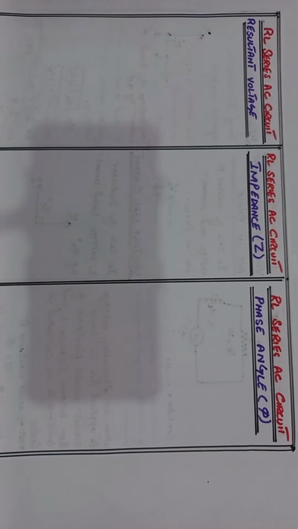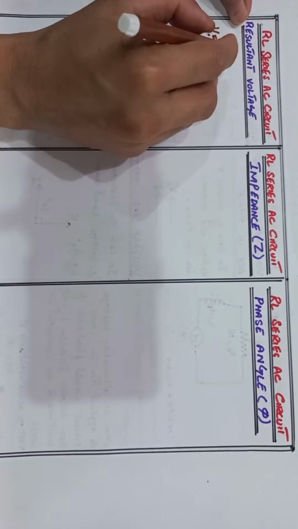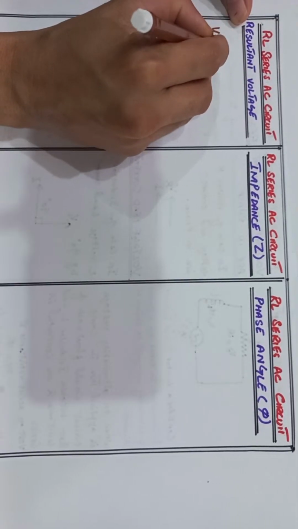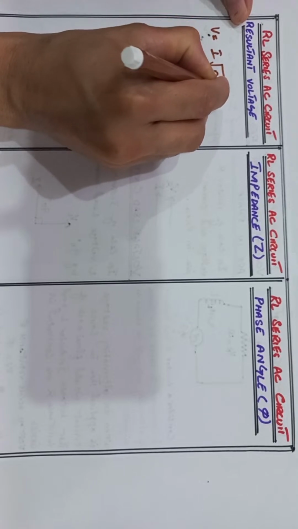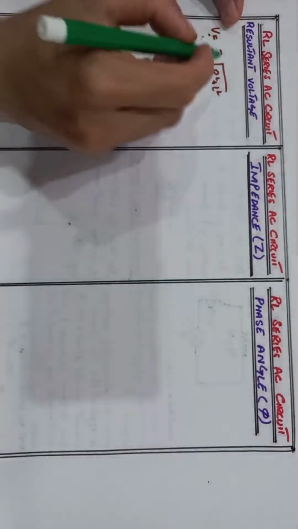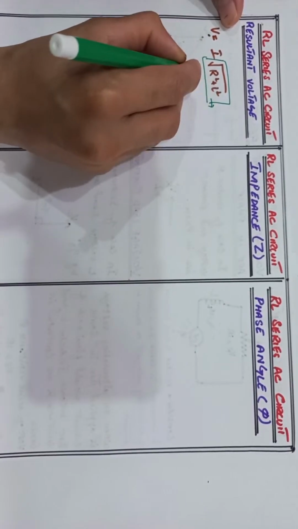Okay, last we found the resultant voltage. The resultant voltage V is equal to I times the square root of R squared plus XL squared, and this value is known as the impedance.